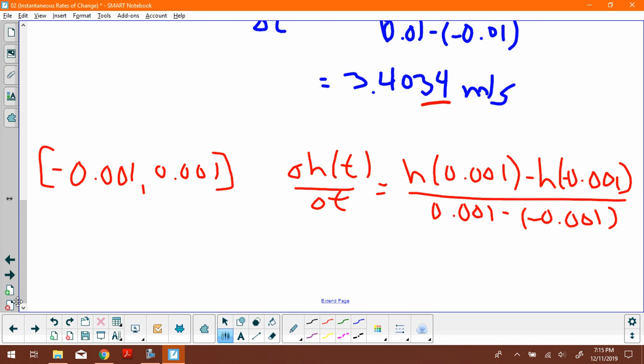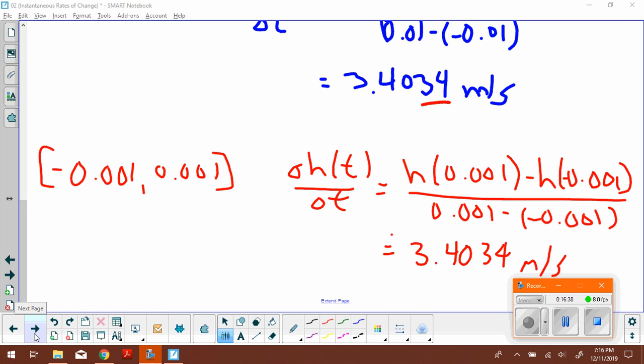And this time when I run this through to 4 decimal places, they actually agree. I get 3.4034. If I go to more decimal places, they don't quite agree still, but that's probably pretty good. So long as they agree to a few decimal places, you're probably okay. So my instantaneous rate of change is about 3.4034. That's basically the process. It is just doing the average rate of change over small intervals around your target point until they agree.